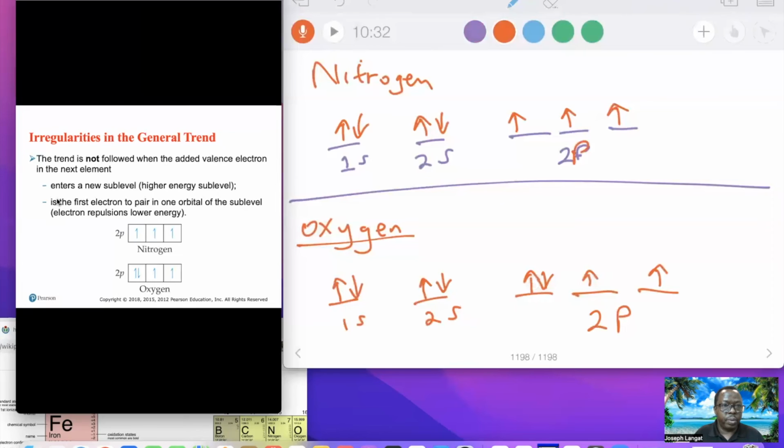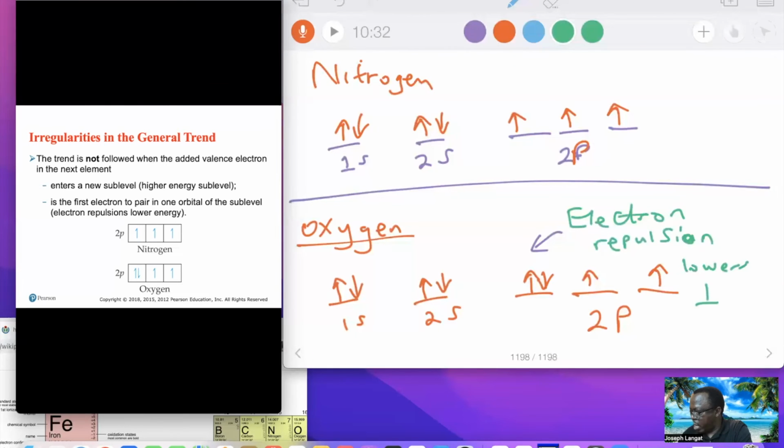Therefore, electron repulsion lowers the first ionization energies.